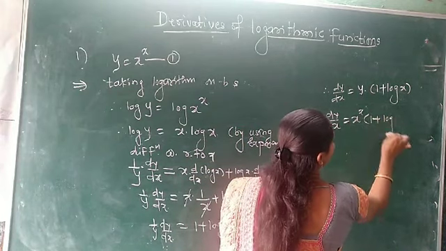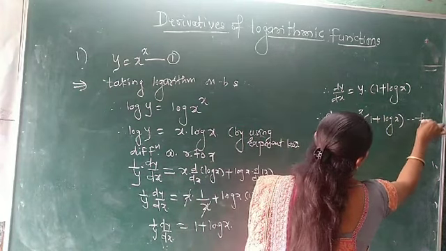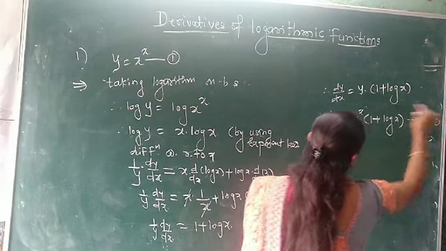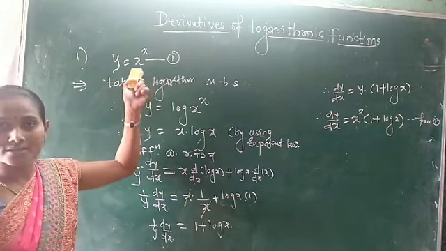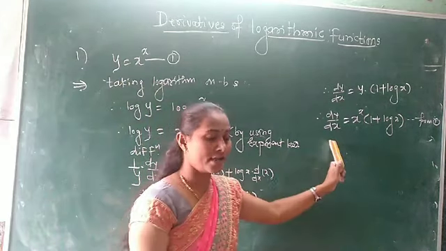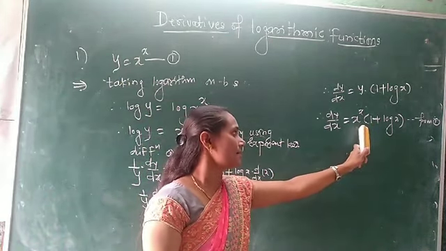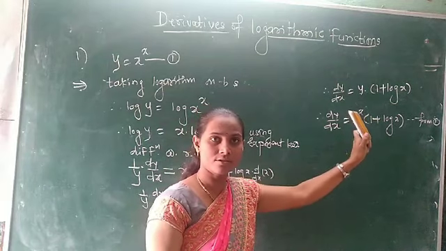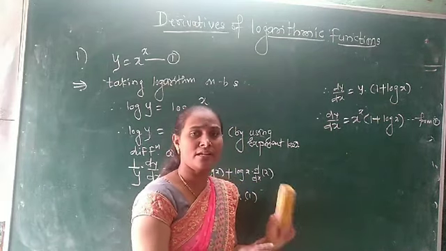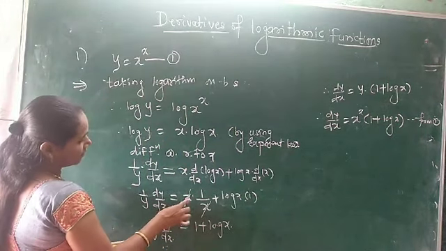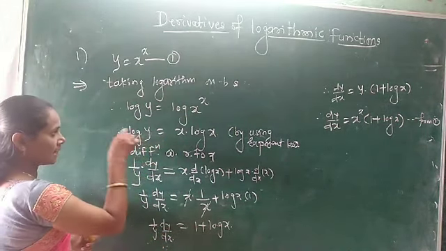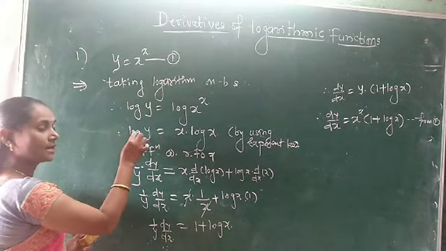So dy upon dx is equal to x raised to x into 1 plus log x, because the answer is only in the form of x.